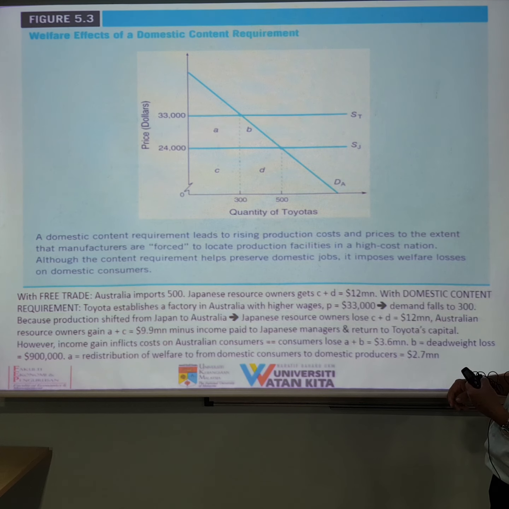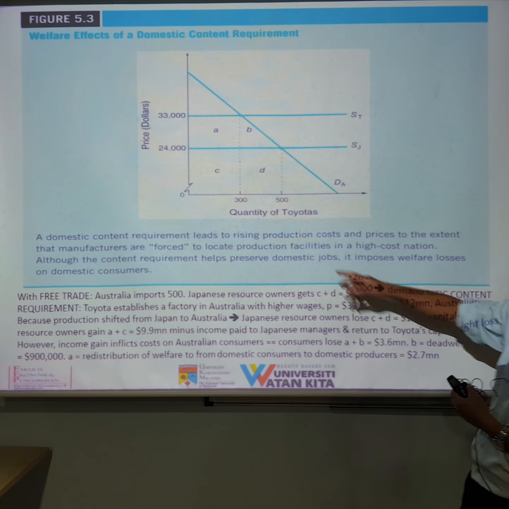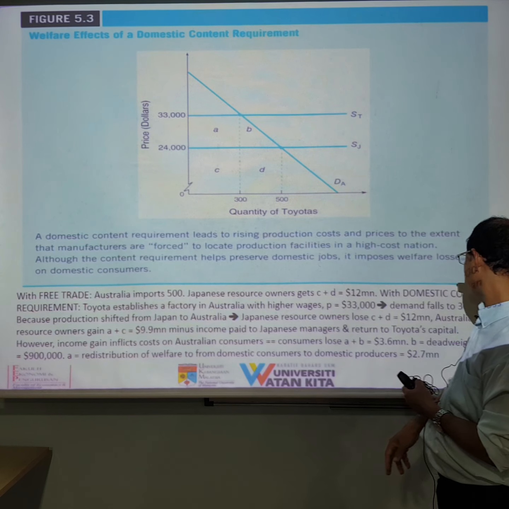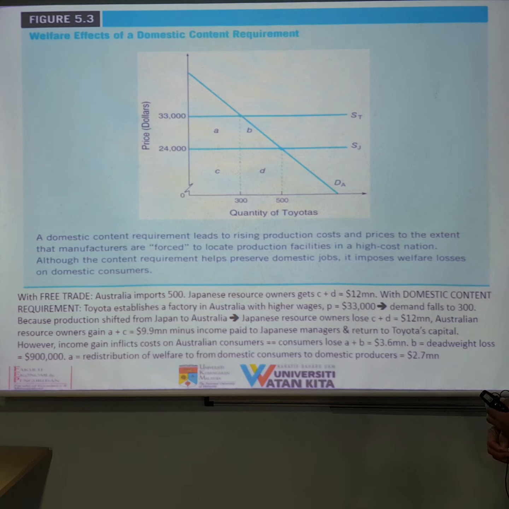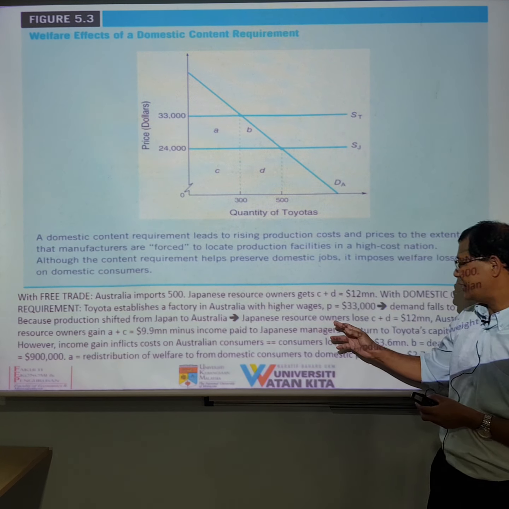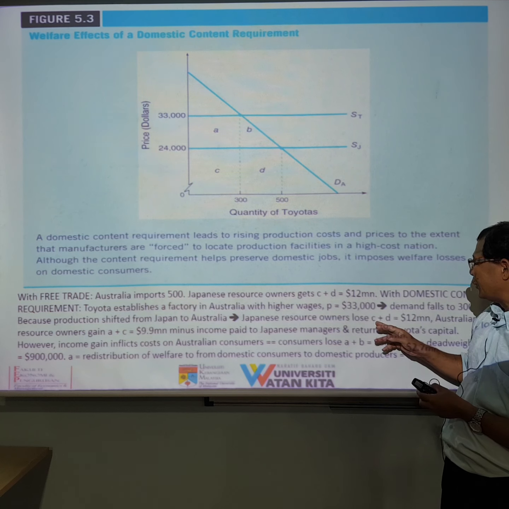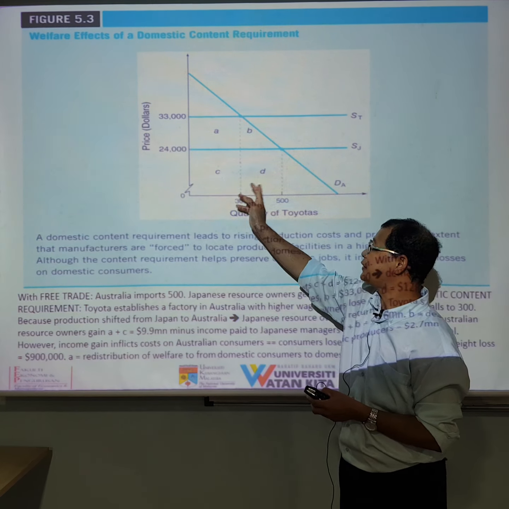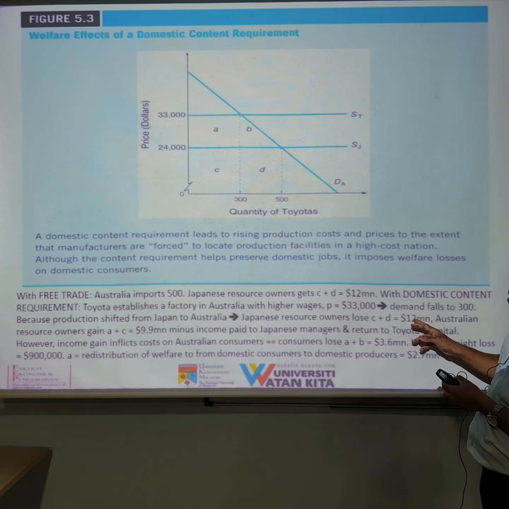As a result, demand falls to only 300. Because production shifted from Japan to Australia, Japanese resource owners lose C and D, which is 12 million.